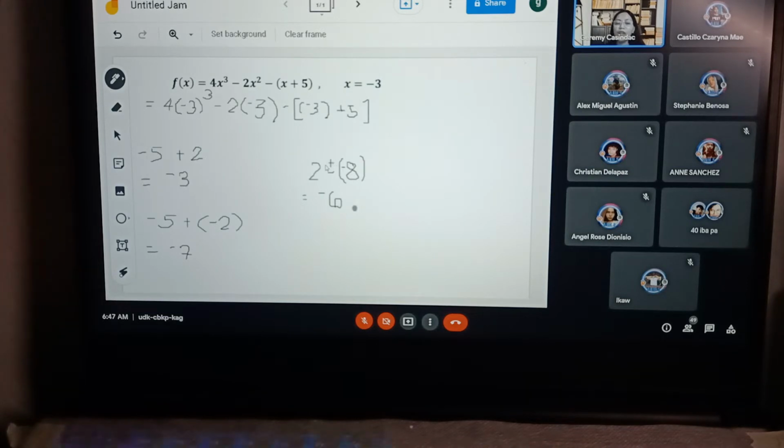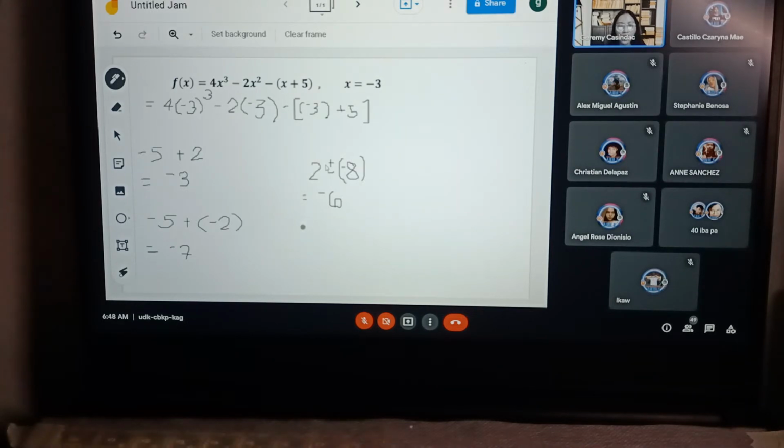Then, you may now perform the indicated operation, following the rules in adding integers. So, we have 2 plus negative 8. Different sign, subtract natin, 8 minus 2, 6. Then, ano yung sign ng larger number natin? Negative. So, therefore, ang magiging sign din ng sagot is also negative.